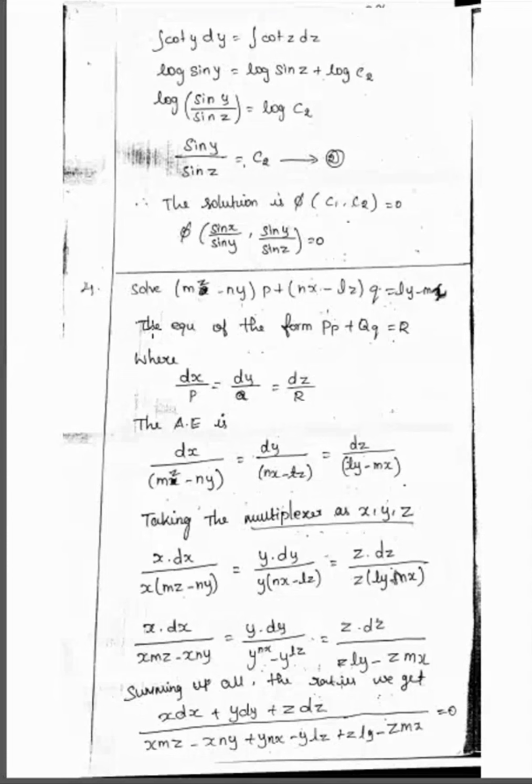So that is xny plus ynx minus ylz plus zly minus zmx. The denominator terms go to the RHS, which means 0 into anything, the value is 0 only. So simply you have the numerator term only: x dx plus y dy plus z dz equal to 0.